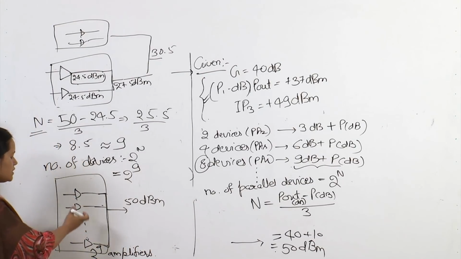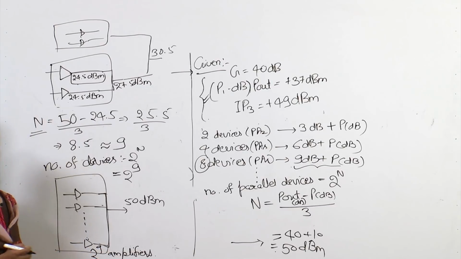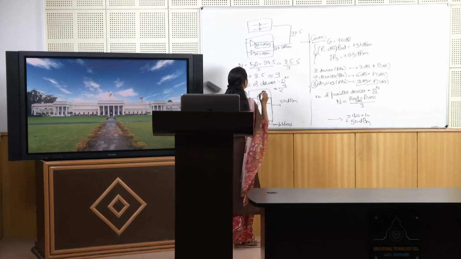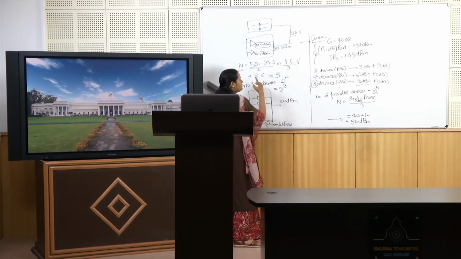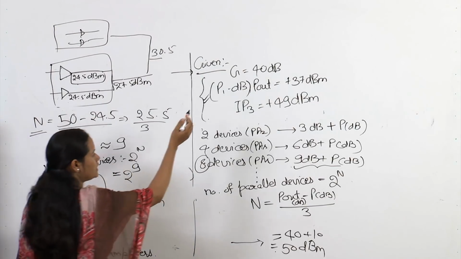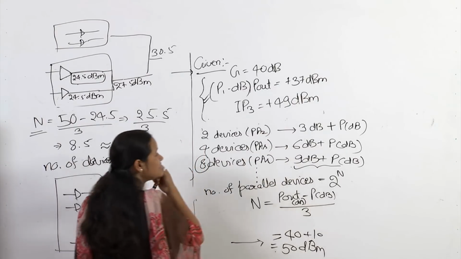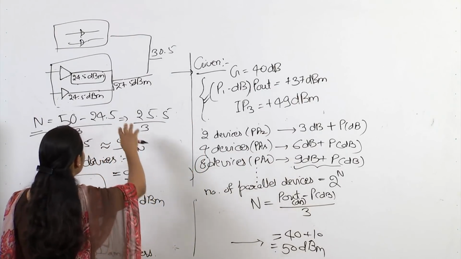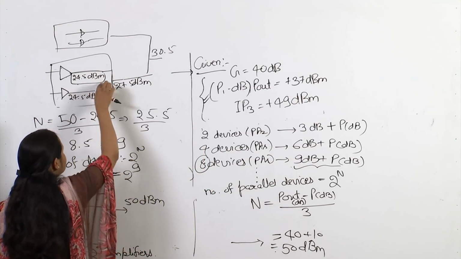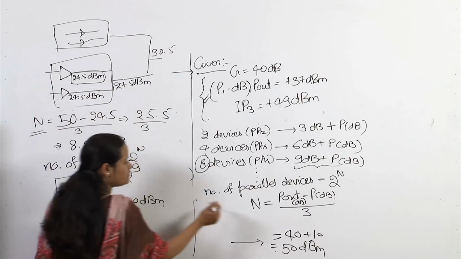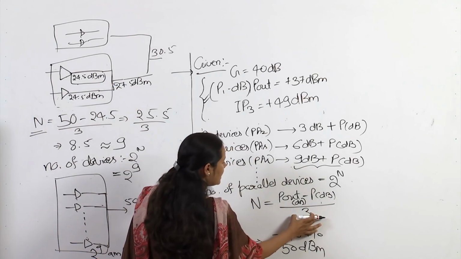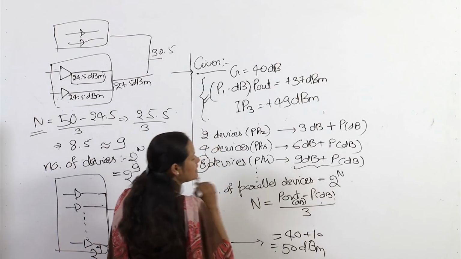Now, of course, there are so many amplifiers that it is not a good idea to use this device for this specification. What is even better? If we choose a device with high P1 dB, suppose it will be 46 dBm, with that we will have a very high value of this calculation, and if this value is high, then we will have fewer devices here.